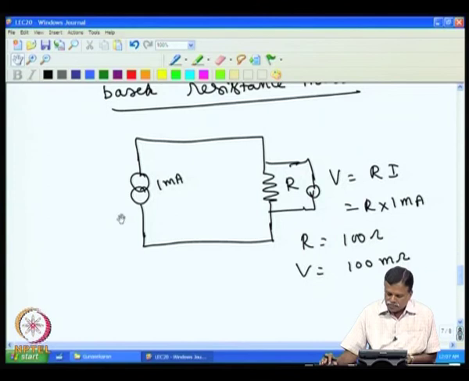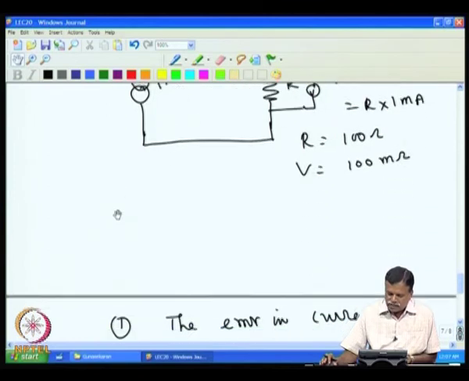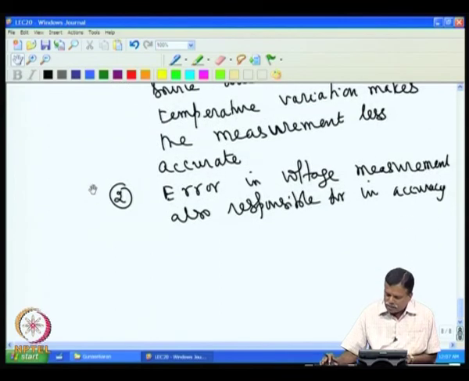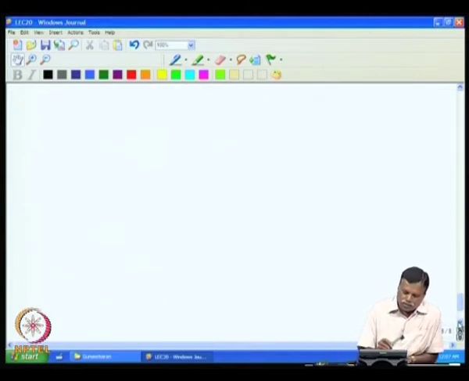Now let us see what other errors are possible in resistance measurement. Take, for example, a low resistance measurement.